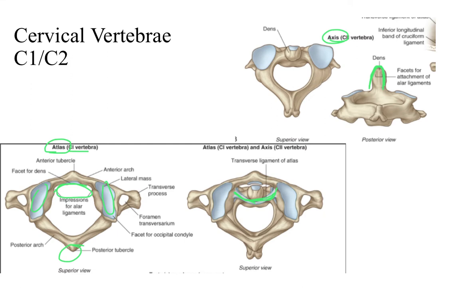And so what the axis allows our head to do is the head plus the atlas will pivot, allowing us to rotate our head back and forth like shaking our head no. And the axis, C2, is the first vertebrae where we actually start seeing a spinous process.